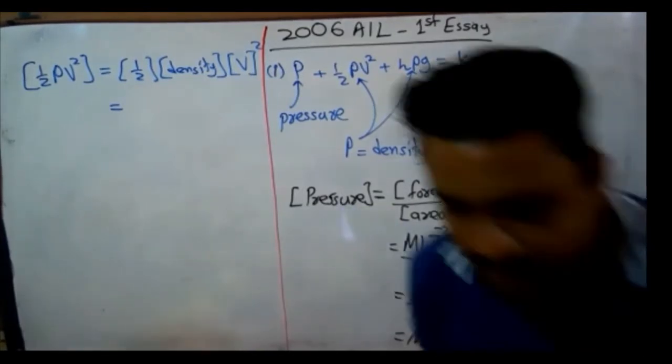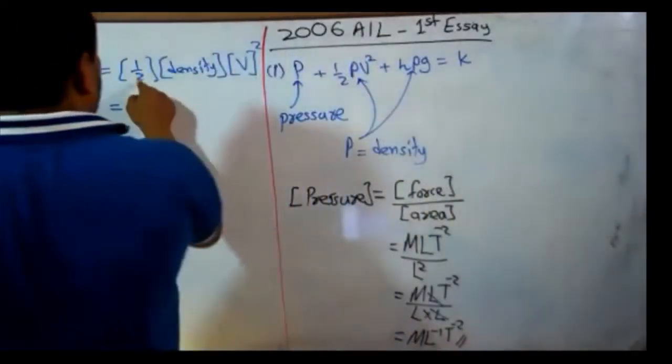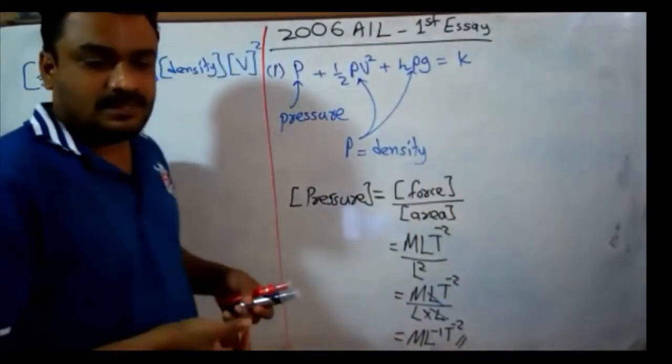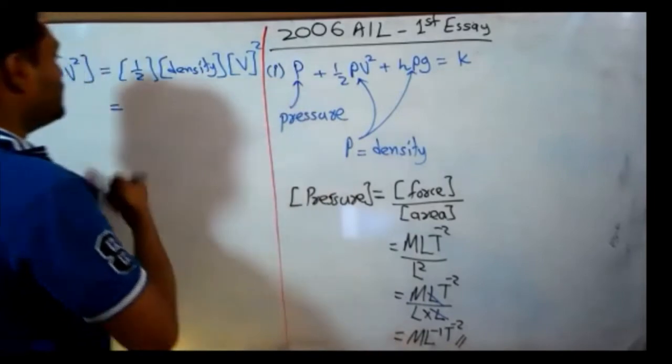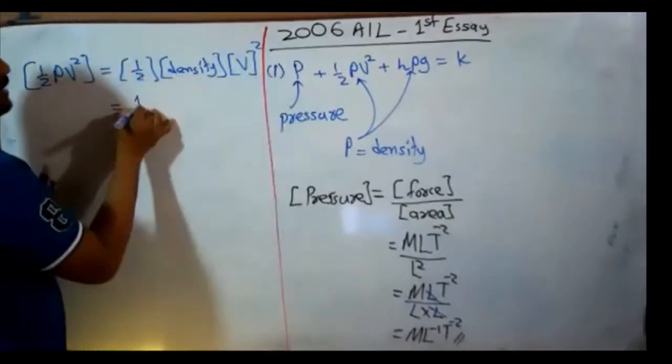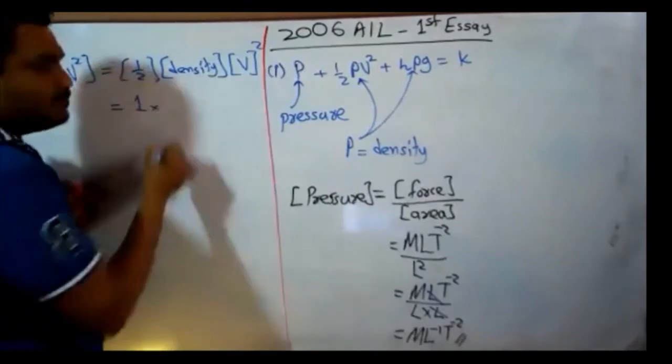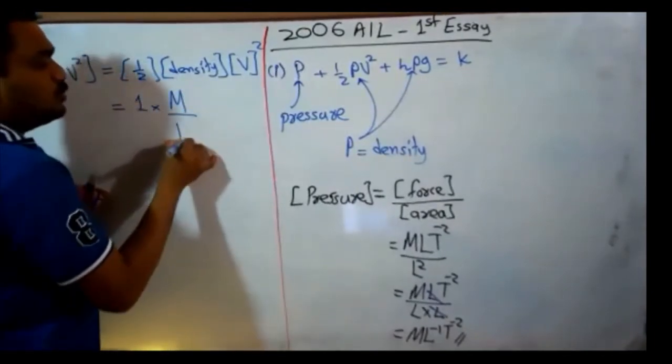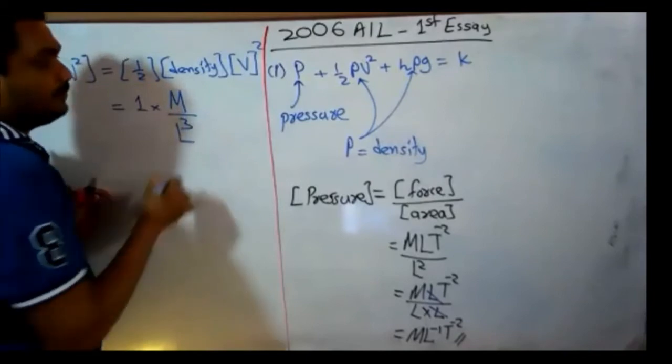Have you obtained the dimensions here? Half is a number, and numbers do not have dimensions; to say no dimensions, we write 1. Density is mass over volume, and volume is L cubed.